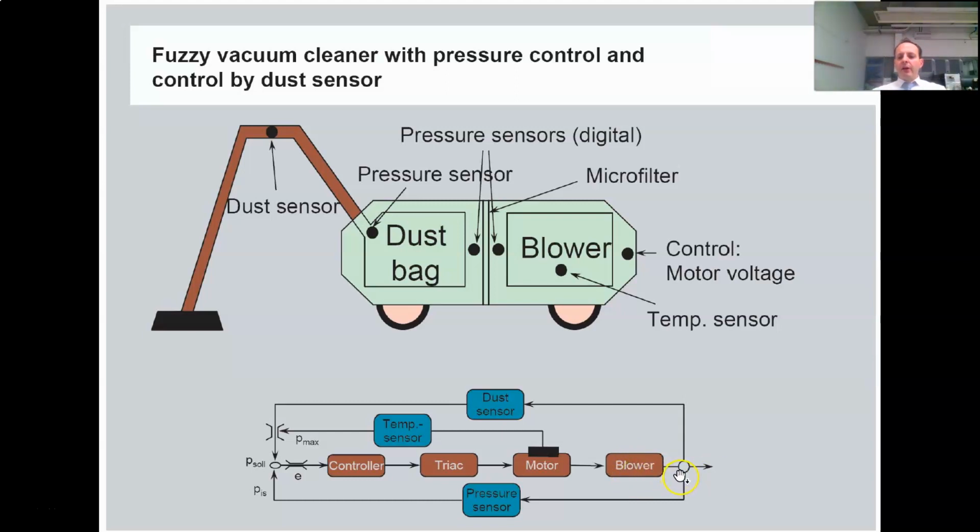So on the basis of the blower, we have the dust sensor, which together with the temperature sensor, depending on the temperature of the motor, is generating something that can control or regulate the level, the reference of the pressure, and depending again on the pressure sensors inside your machine, you can provide another reference in order to control the best conditions for your motor.